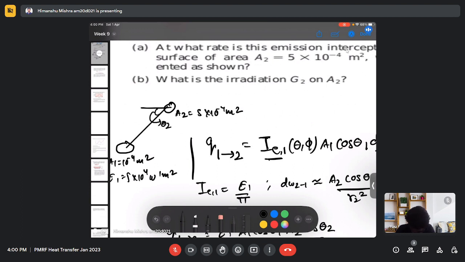This is my theta 2. This is my theta 1. My theta 1 is 60 degrees and my theta 2 is 30 degrees.